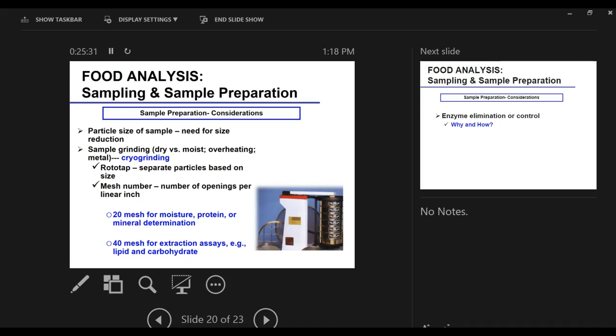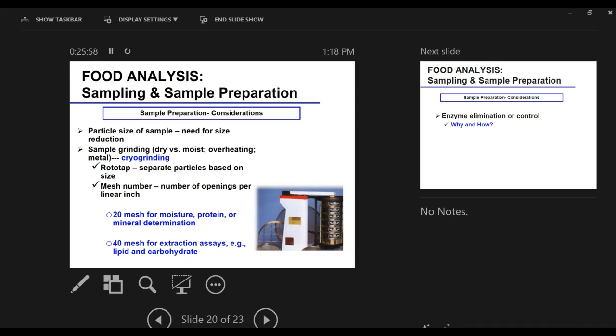And usually they recommend a smaller particle size when doing extraction assays, because you want to increase the surface area as much as possible. Now there are cautions when you want to grind your sample and make it homogeneous. Sometimes your sample is moist, or sticky, or something that does not allow the regular dry grinding that we use.